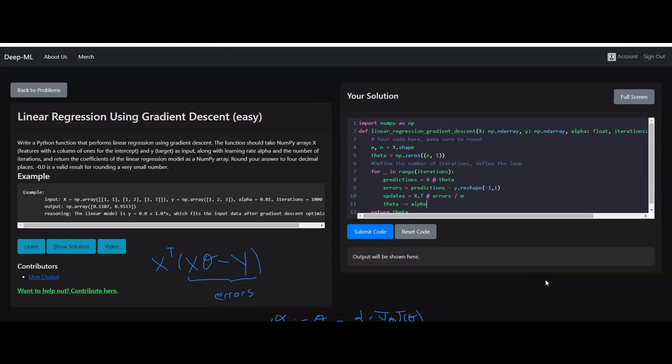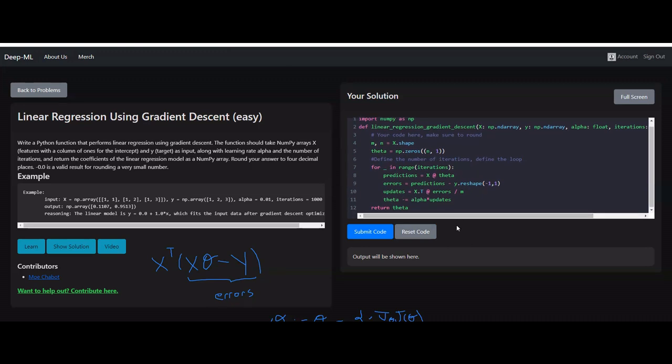And we're going to do alpha times updates. With that in mind, we are going to have the loop of one iteration of gradient descent. And as I said before, this is going to keep going, keep going, keep going.